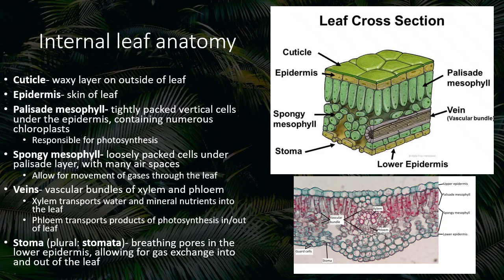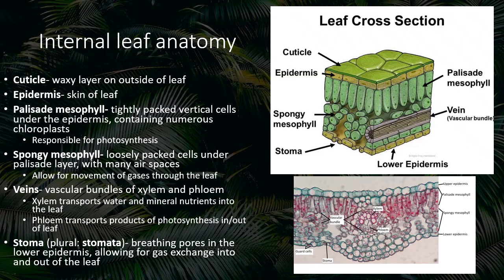Our next layer is the palisade mesophyll. Mesophyll means middle leaf. Meso is a Greek root meaning middle, phyll means leaf. And this is soft parenchymatous tissue. Parenchyma is just a type of plant cell that's pretty soft. And the palisade mesophyll has some interesting characteristics.